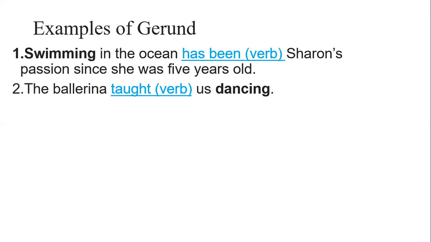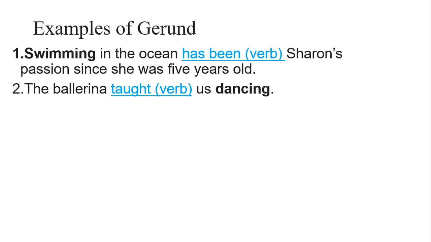Ballerina, what did she do? She basically taught. Taught what to us? Dancing. So dancing is not an action. No one is dancing at the moment. The main action which has been played is taught. What has been taught? Dancing.